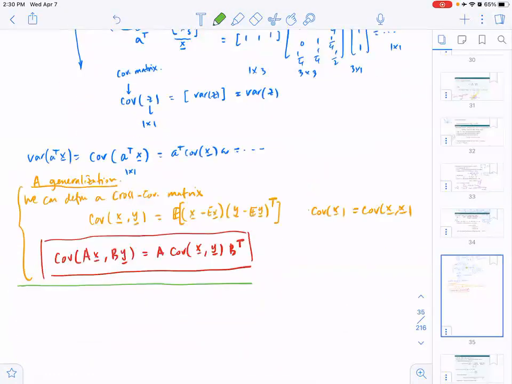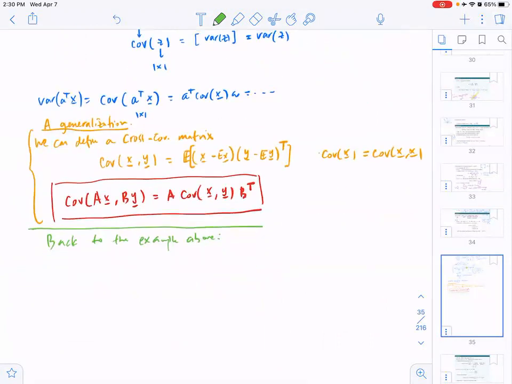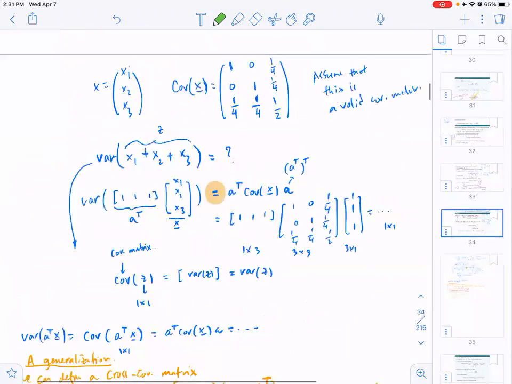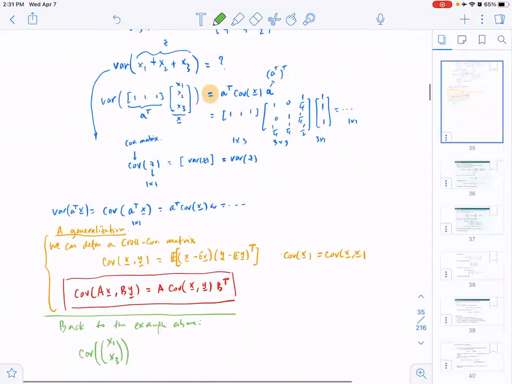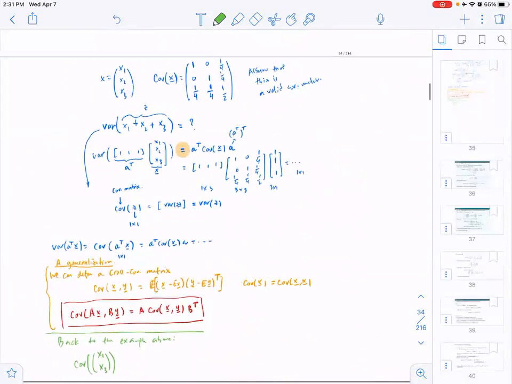So back to the example above. How do we compute the covariance of, let's say, a subvector x1, x3? This just looks at the subvector. Maybe think a little bit about this.